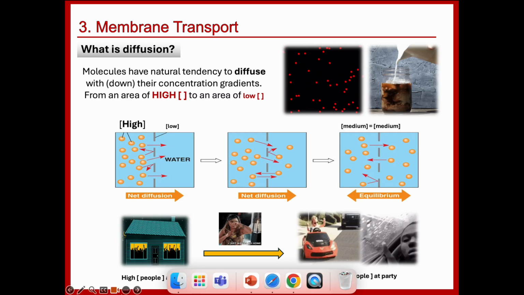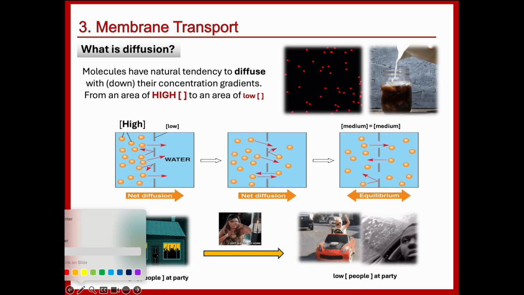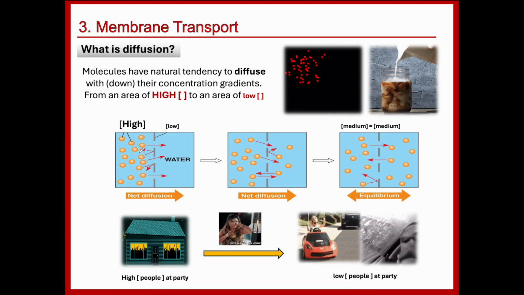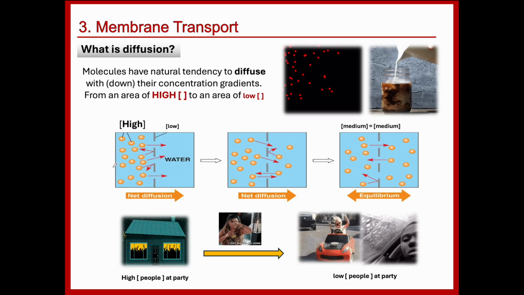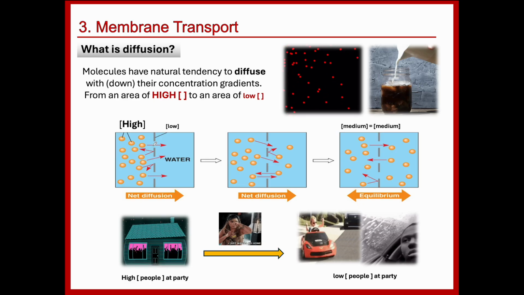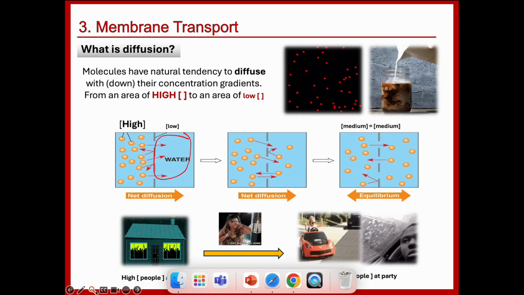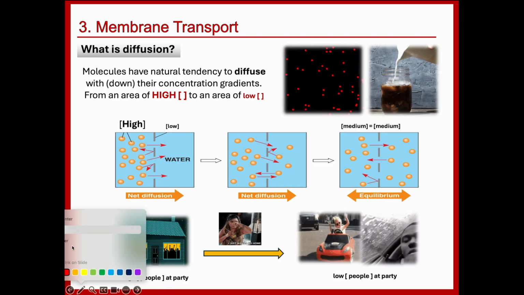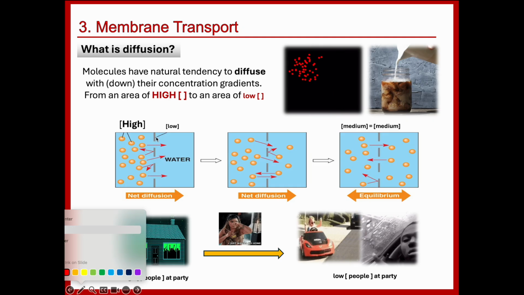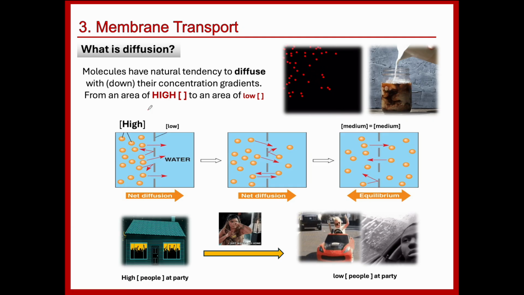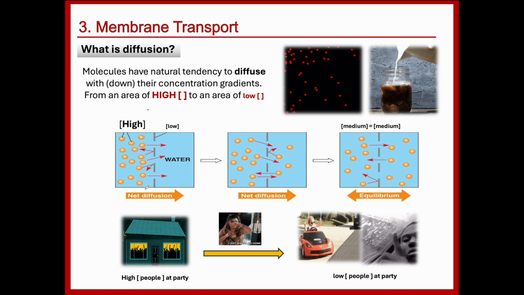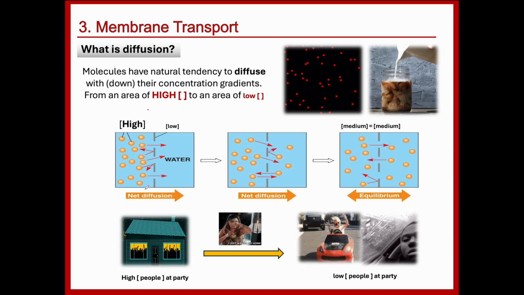Take a look at this. Molecules, they're always bouncing around, right? And so over here, for some reason, these molecules are at a high concentration on this side of the barrier. And on the other side of the barrier, there's none at all. What's going to happen if I just shoved all these molecules here and then allowed them to move around?